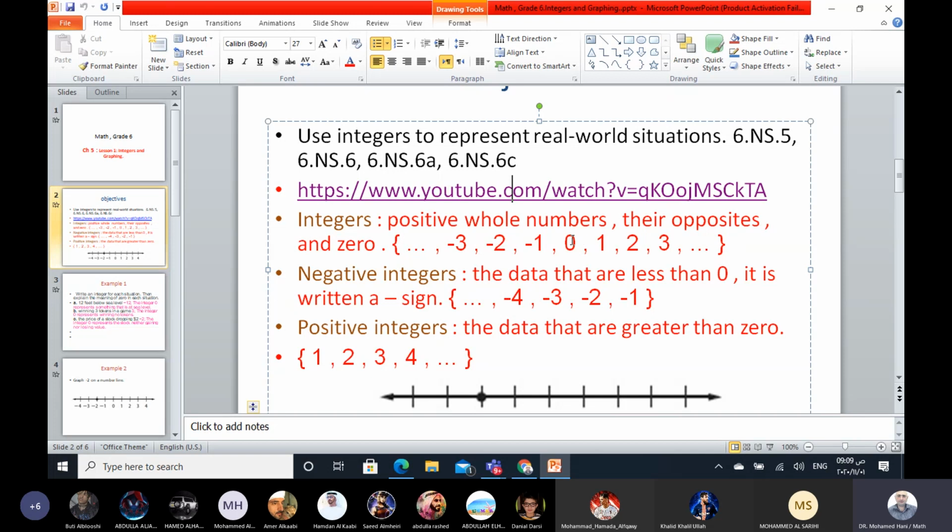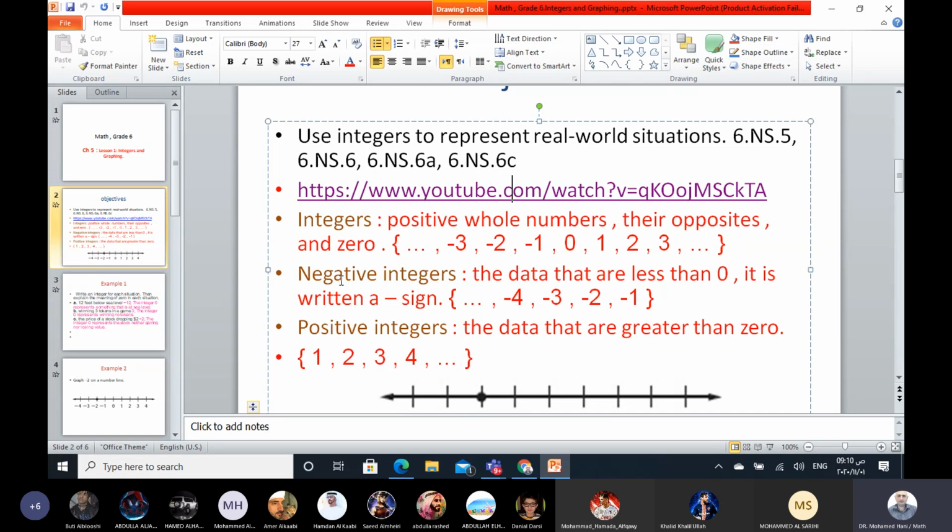And on the left side we have -1, -2, -3, -4, etc., to infinity. So to the right means the numbers greater than 0. To the left means the numbers less than 0. So to the right we have positive numbers. To the left we have negative numbers.